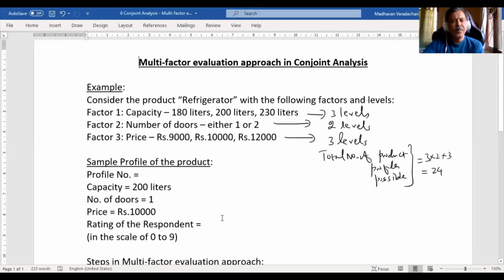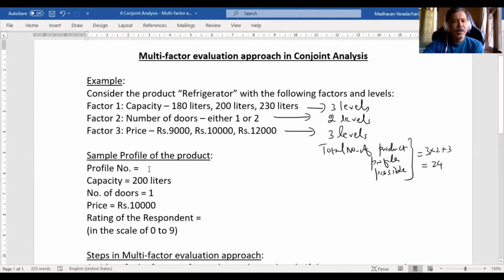If you have 24 profiles, then you can number them. So this may be profile number 1. I may consider capacity as 200 liters, number of doors as 1, pricing as 10,000. So you create this profile and ask the respondent to rate it on a scale of 0 to 9.